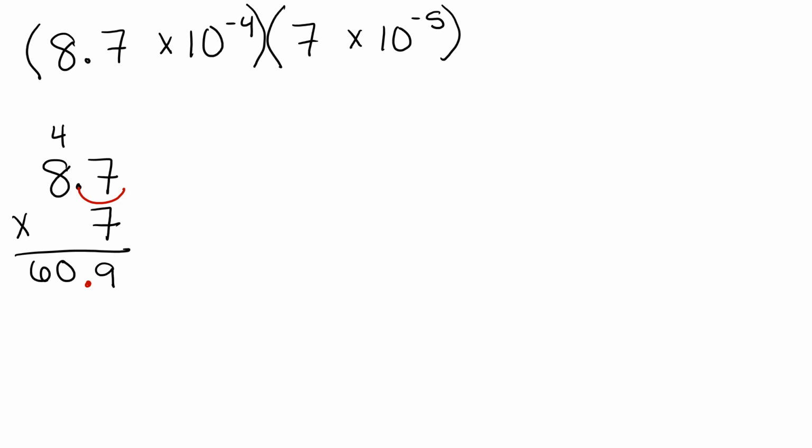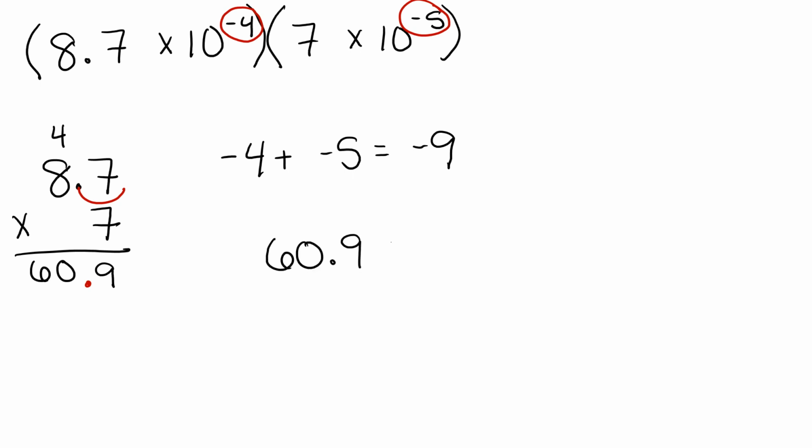Now when it comes to our exponents, we're multiplying, so we would add the exponents together. Negative 4 plus the negative 5 would give us an answer of negative 9. We use all that information to write our answer, 60.9, always times 10 to the negative 9th power. However, this answer is not in scientific notation.